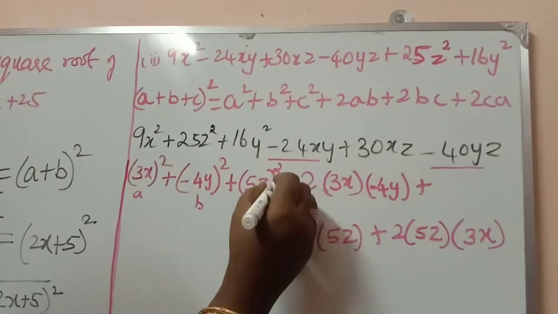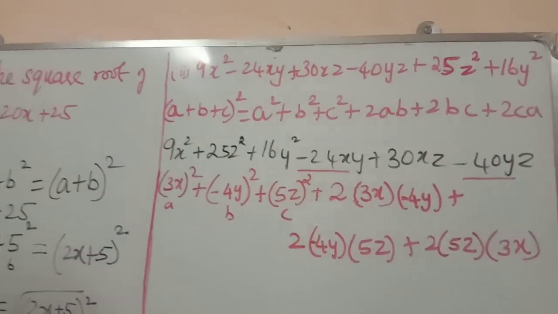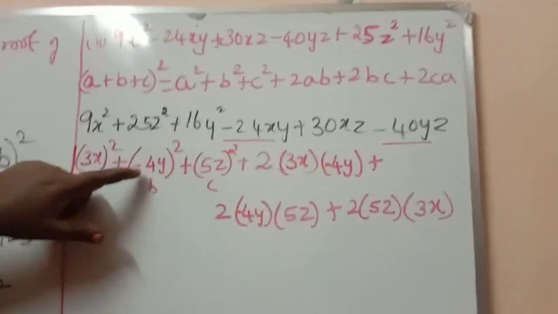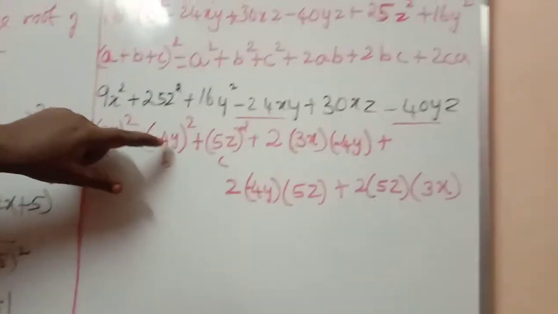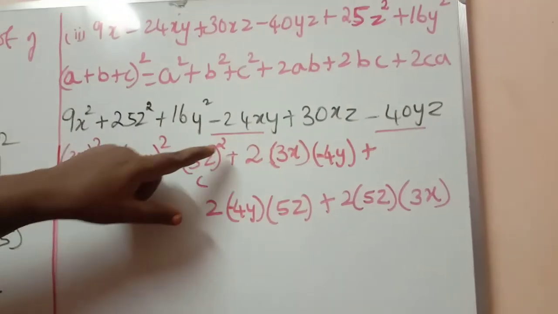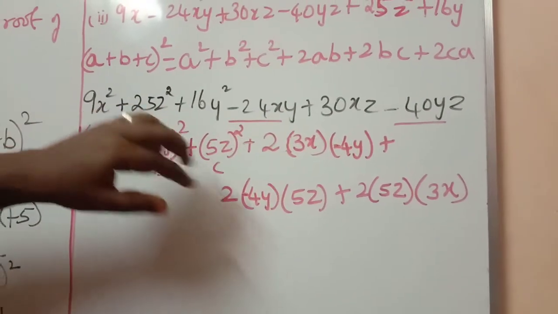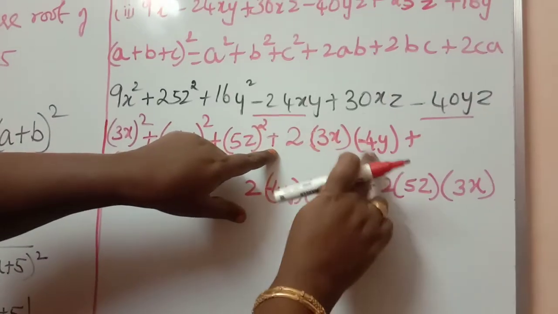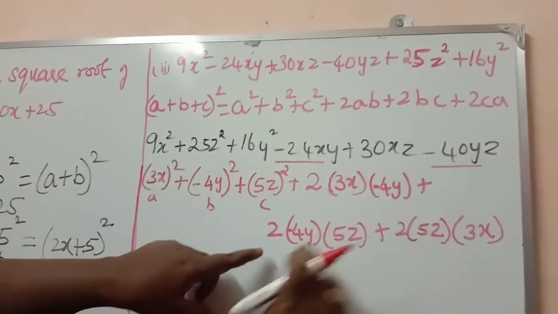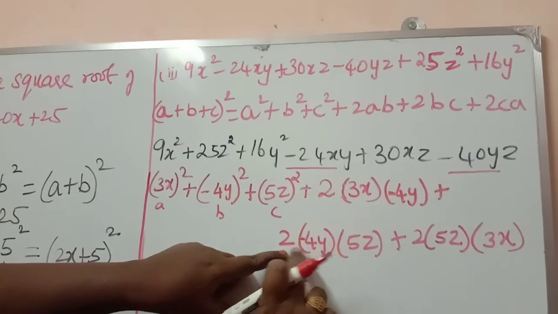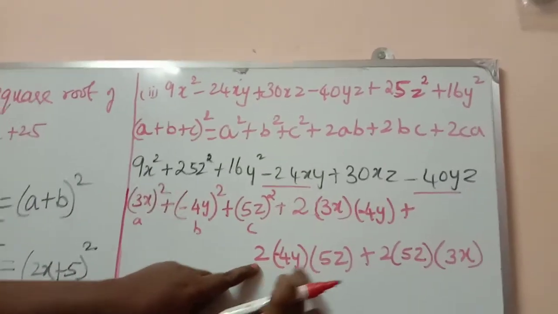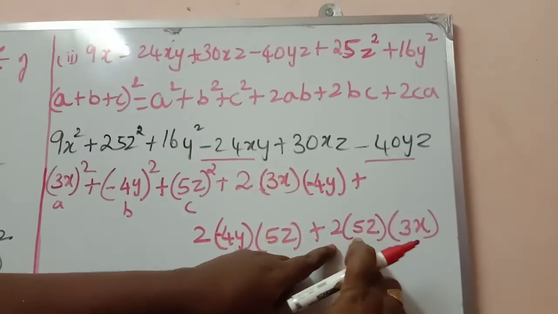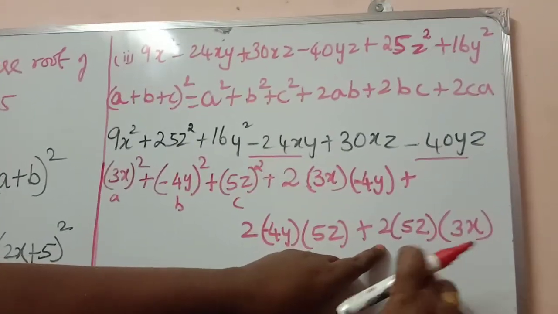Okay. So everywhere plus. Now see 3x whole square, 9x square, minus 4y the whole square, minus power even number plus, 4 square 16y square, 5 square 25z square, plus into minus minus, 2 3s are 6, 6 4s are 24xy. Next plus into minus minus, 2 4s are 8, 8 5s are 40yz, minus 40yz, plus 2 5s are 10, 10 3s are 30xz.